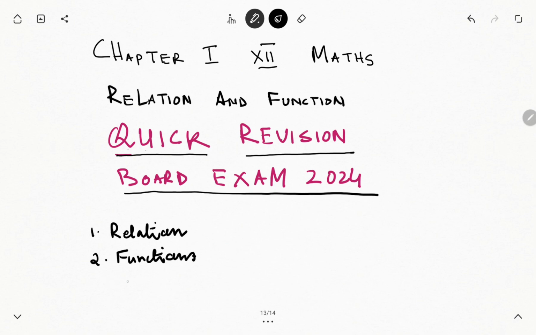If you remember, in class 11th we have done relations. To understand relation, it is important to understand Cartesian product of sets.